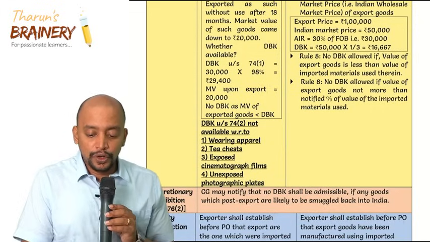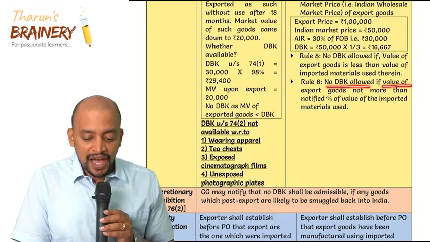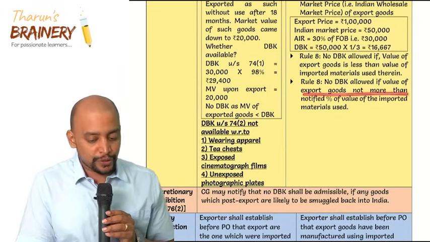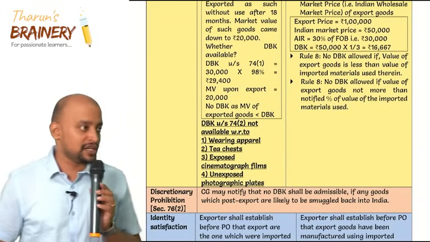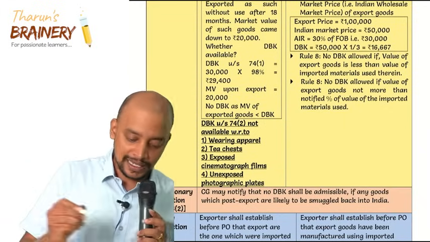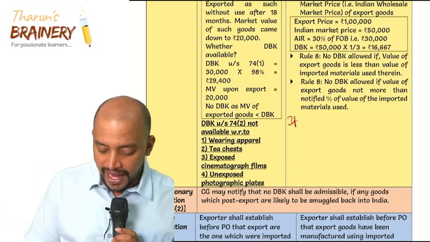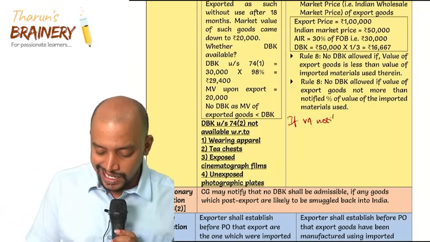Say this: no duty drawback allowed if the value of export goods is not more than the notified percentage of value of imported materials used.